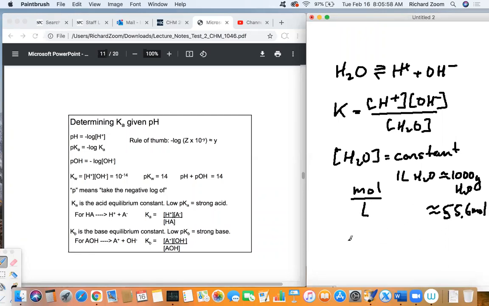And that would mean that the concentration of H2O is a pretty constant value of around 55.6 moles per liter.